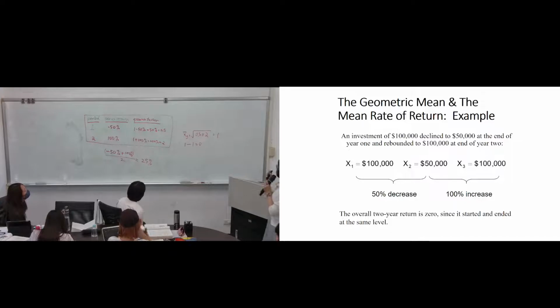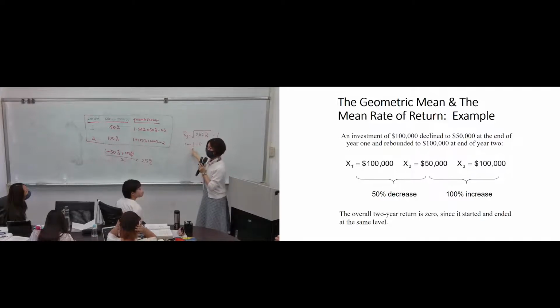And then we deduct 1. What is this 1? This 1 represents our original principal, our original investment.